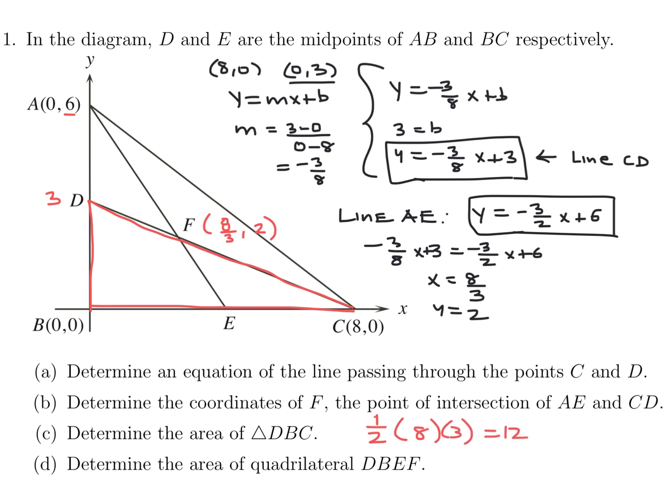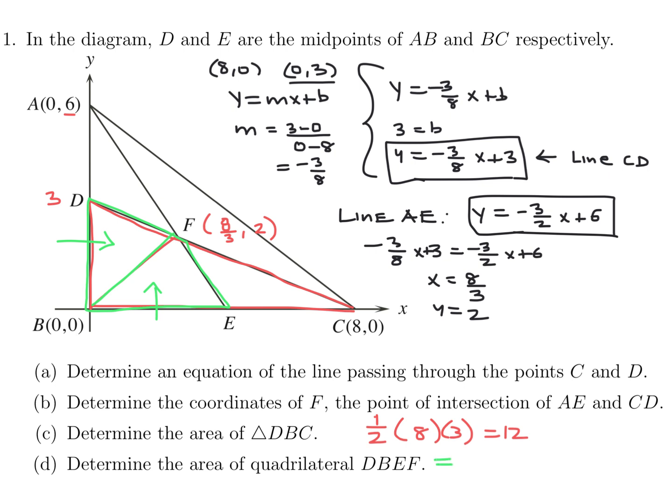And then finally, determine the area of the quadrilateral DBEF. Okay, so what I'm going to do is cut it in half, and each of those sections will be equal. If you cut it in half like that, this part is the same as this part, right? It's symmetric. So all I have to do is find the area of one of those.